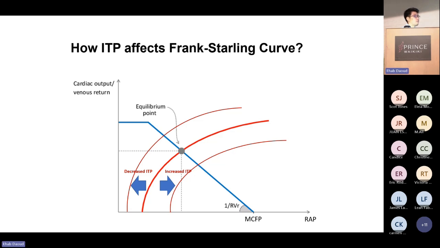A lot of people try to come back to here, but to do that, because cardiac output is already low, what we can do is shift this venous return curve to the right, and cardiac output comes back.